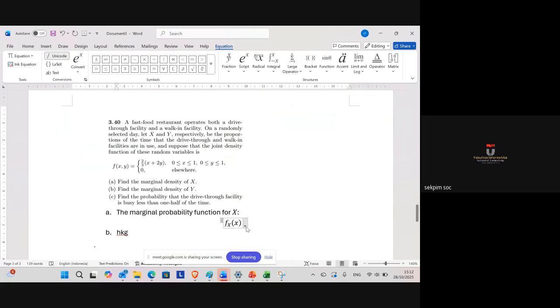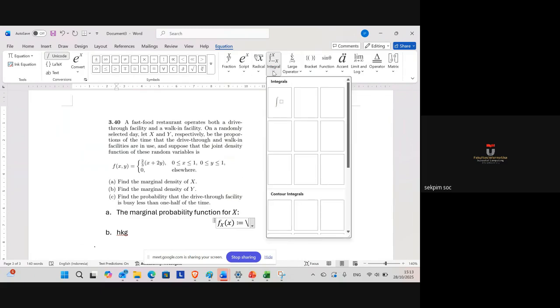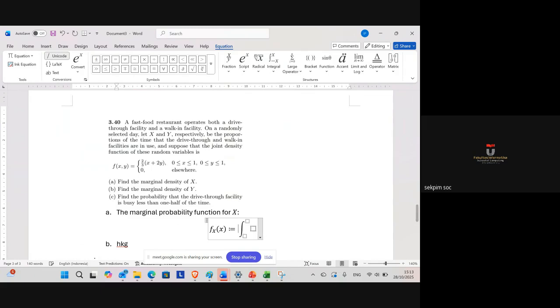This is the marginal probability of x. Since this function only depends on x, we can denote it like this. The definition is that, since it's continuous, we take the integral over all y, from minus infinity to infinity.